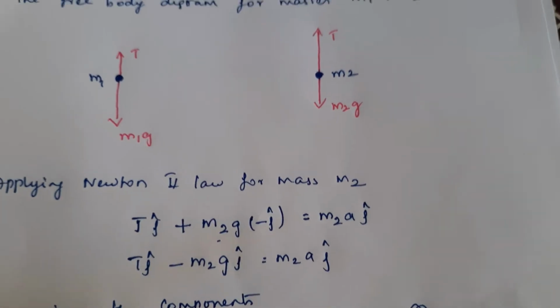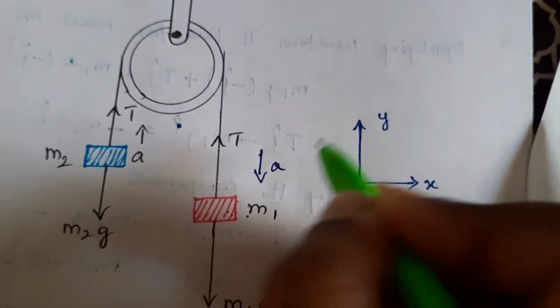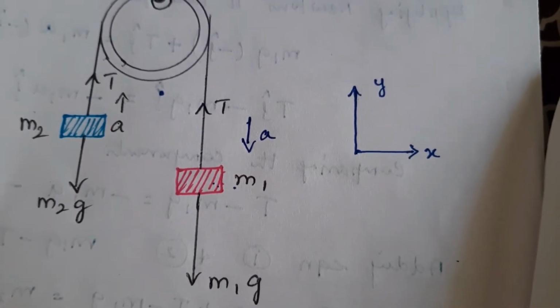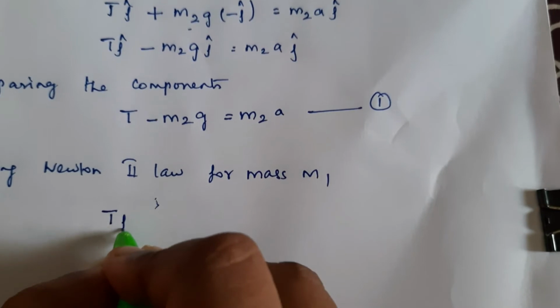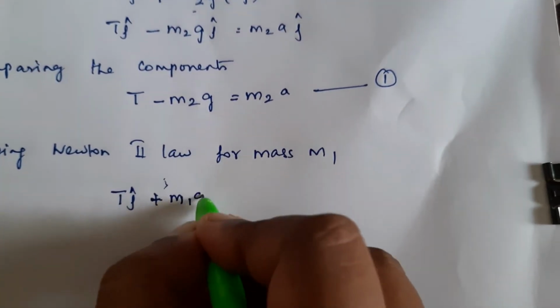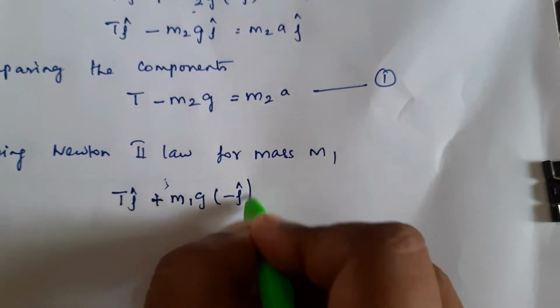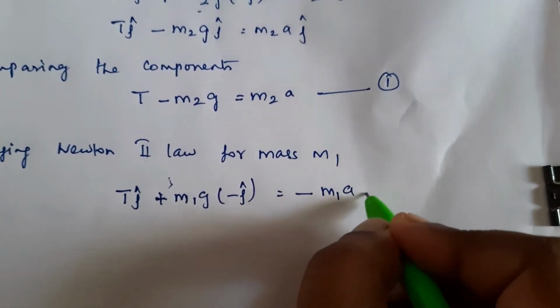The body is accelerating downwards. So I can write T j vector plus m1g into minus j vector is equal to minus m1a j vector.